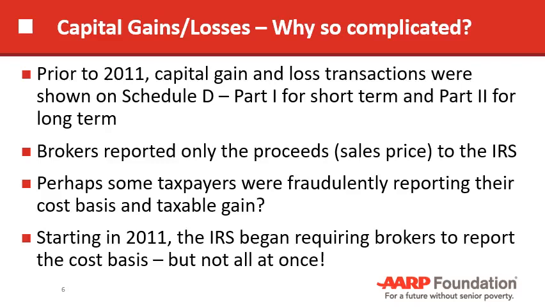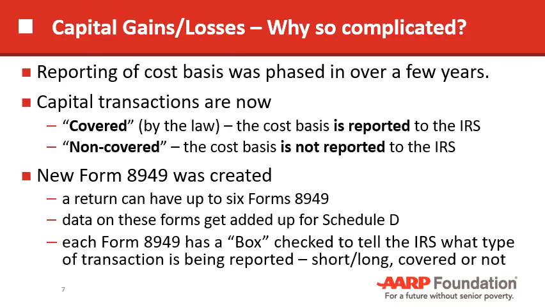Nothing's easy. It was phased in. So, for example, in 2011, brokers started to report cost basis for individual stocks that were bought in 2011. In 2012, they required the cost basis to be reported for mutual funds that were bought in 2012.